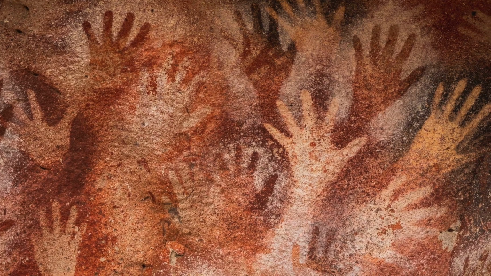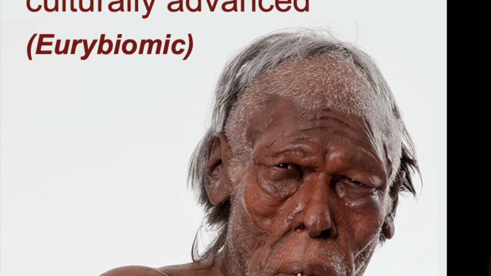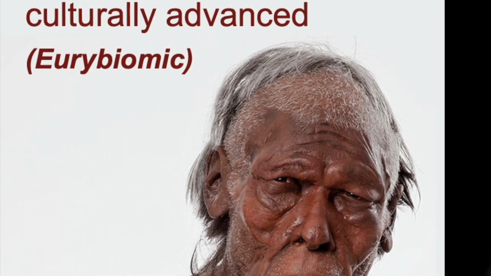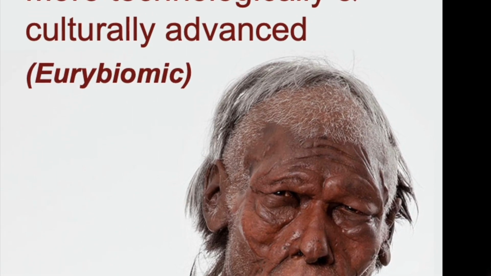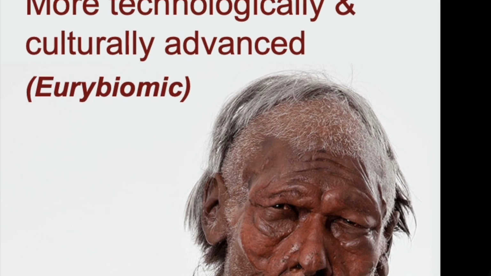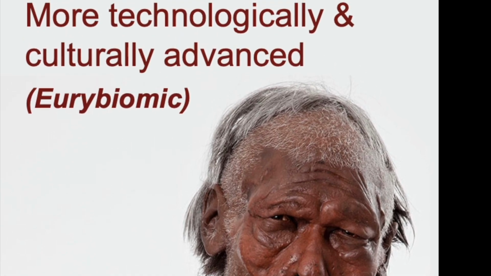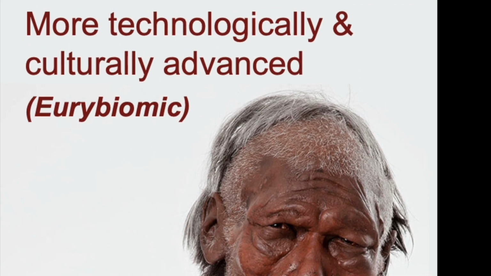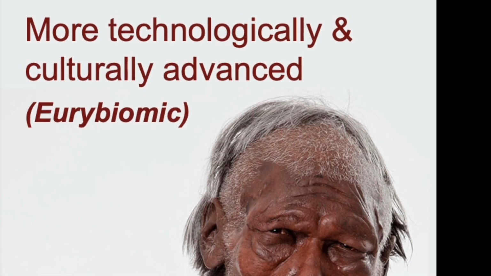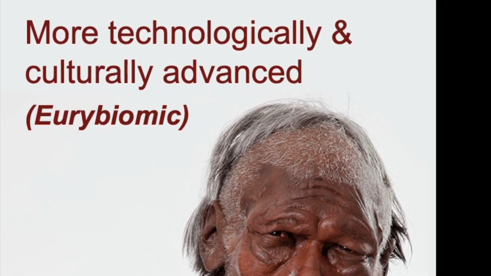And the interpretation there would be that anatomically modern humans were more eurybiomic, so that means they are more generalist. They're not stenobiomic, which is evolved towards a specific environment. Homo sapiens are more flexible in the range of environments that they can inhabit.